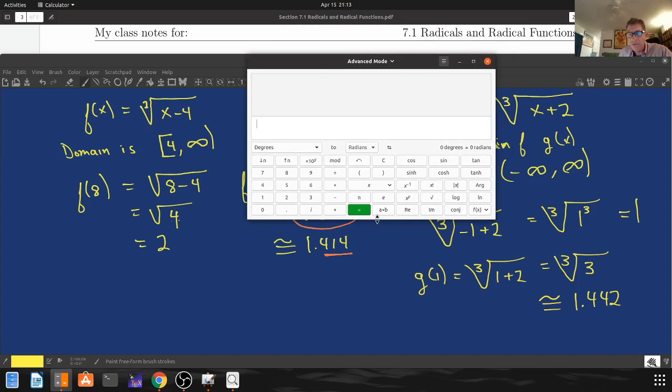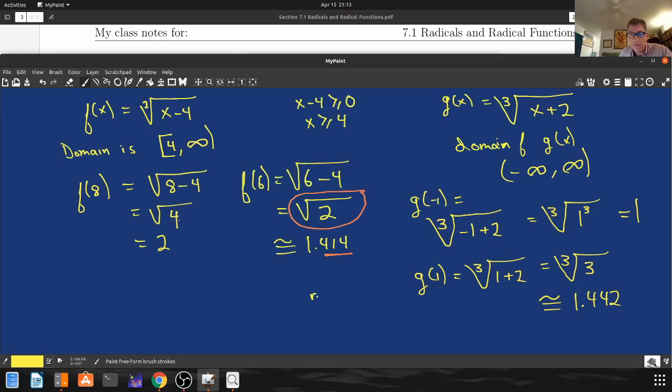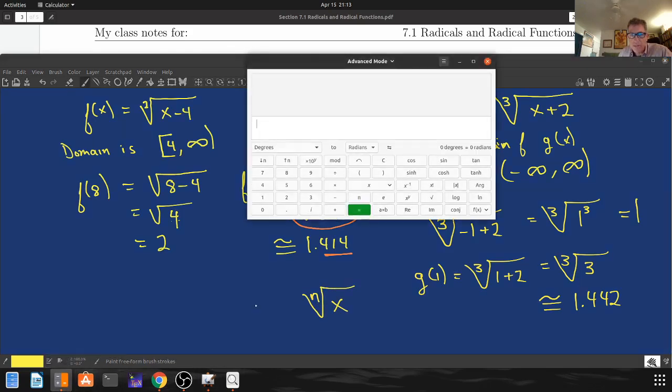And what I want to do is find the nth root of x. So I'm literally looking for a key that would say something like that. And I do believe that there is no such key here.